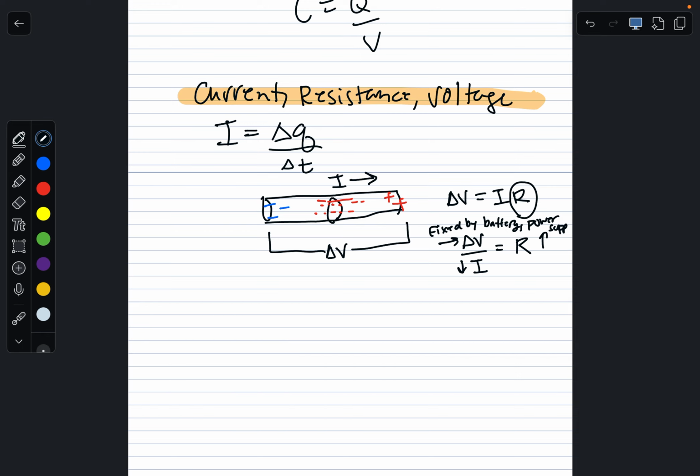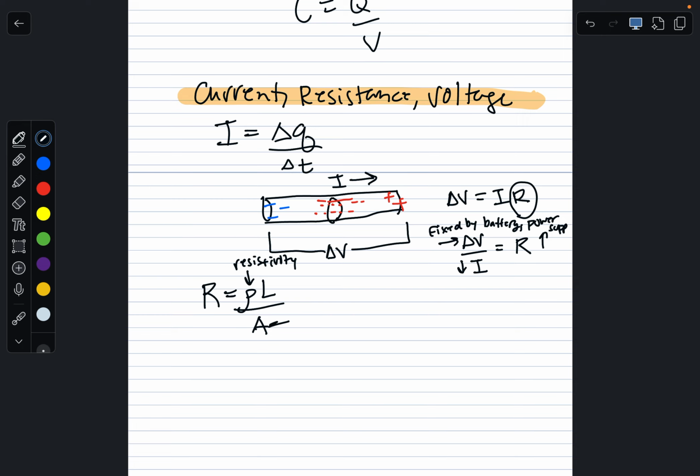So the resistance is a parameter that depends on the shape of the object and what the object is made of. Rho defines the resistivity of the material the resistor is made out of. Then we put in some geometrical factors like length and cross-sectional area.